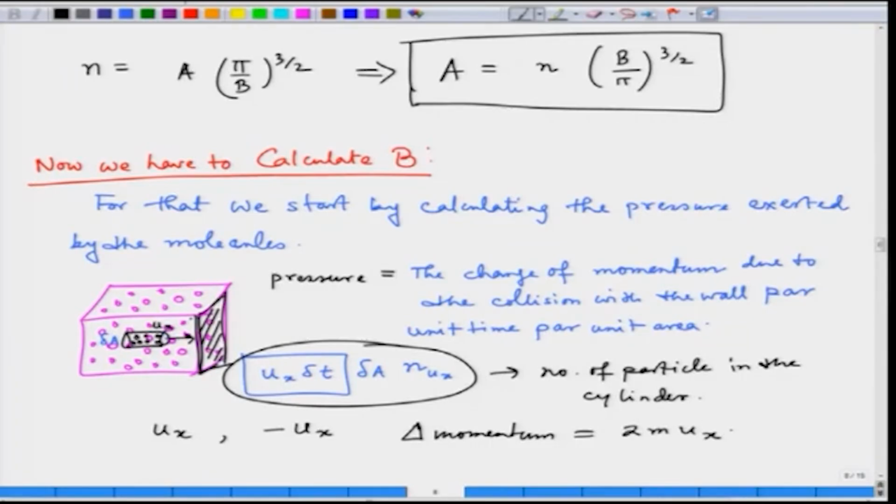So, the momentum change during a time delta t and with a cross sectional area of flow delta A will simply be the total change in momentum.